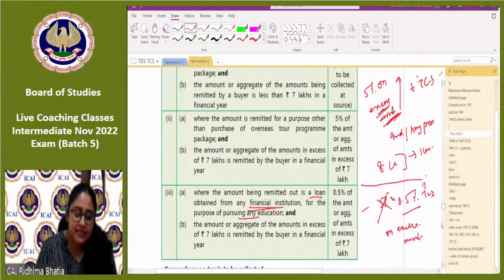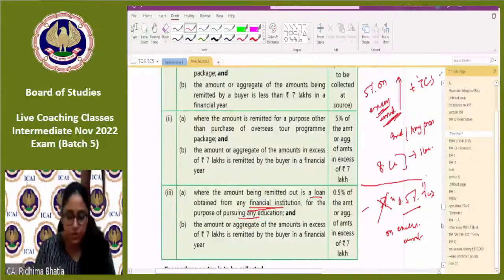You will not collect TCS from the central government, high commission, embassy, legislations, consulate, trade representations of a foreign state, or local authorities. All of these are not covered here.